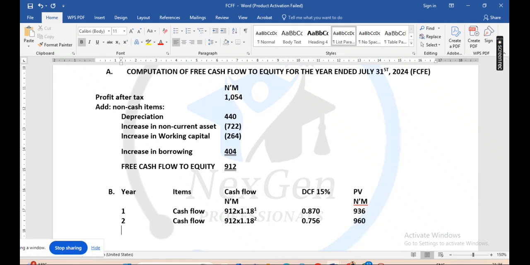Okay, so we have year 3, raised to power of 3.